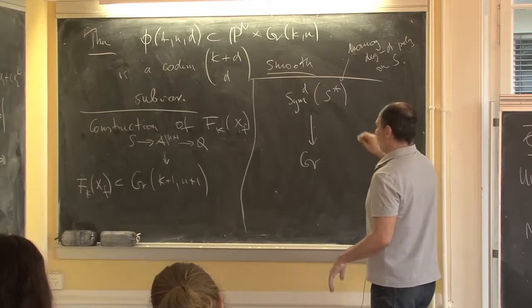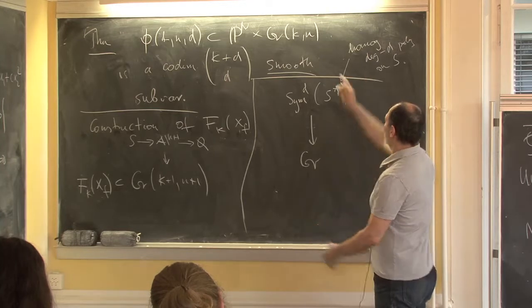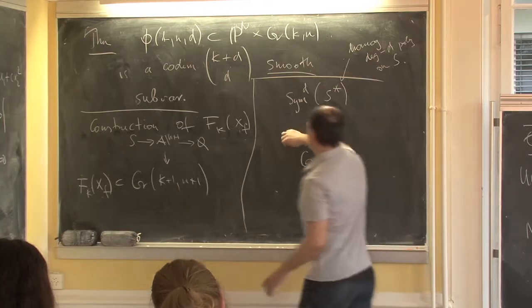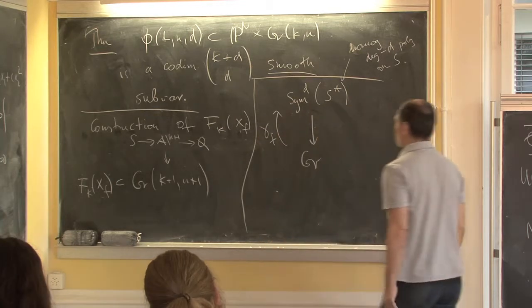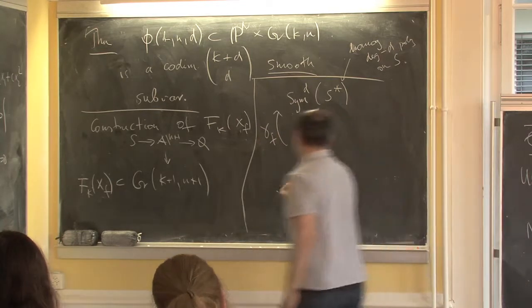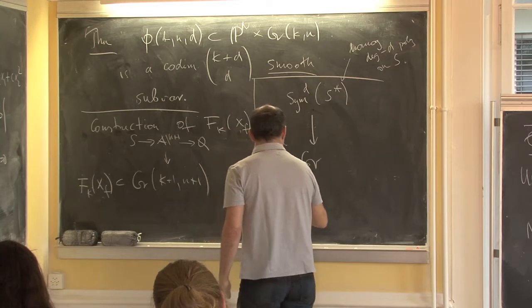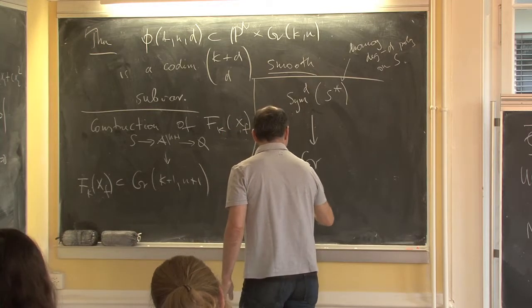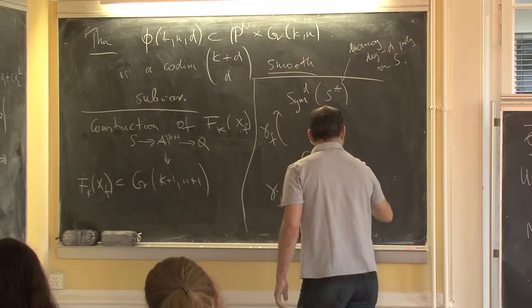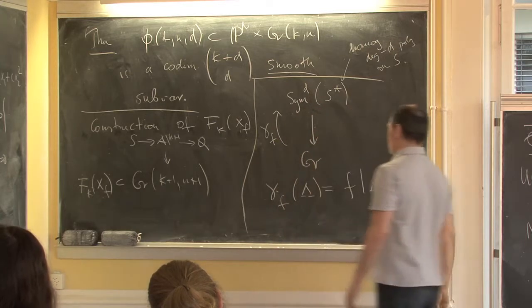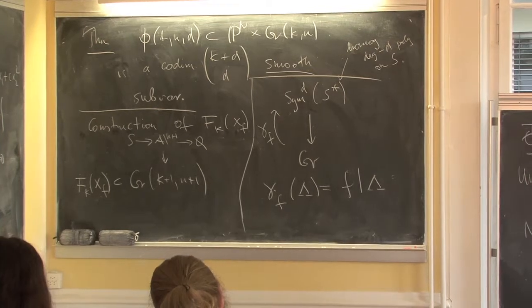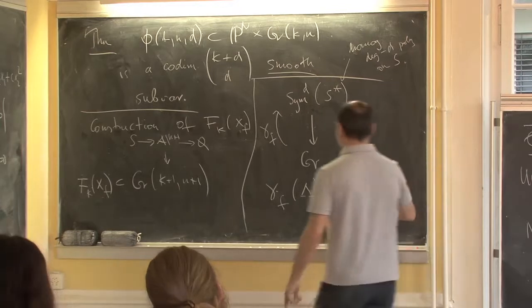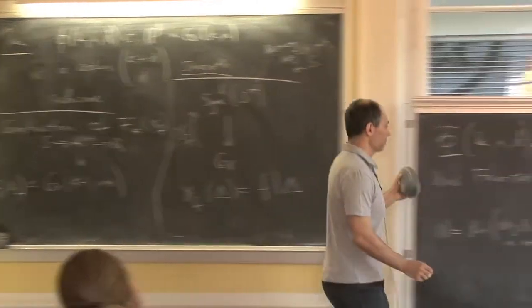And of course, I have a global polynomial of degree d on the whole space. I just define gamma F here, a section of this bundle, which at the point lambda is simply F restricted to lambda. This is our usual tautological trick that we've used many times. And what I want is that it be 0.